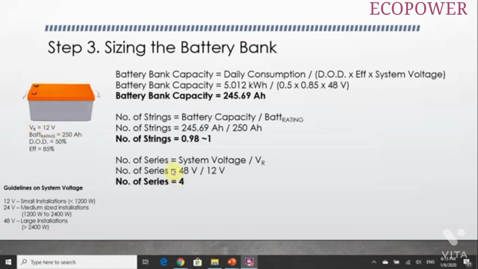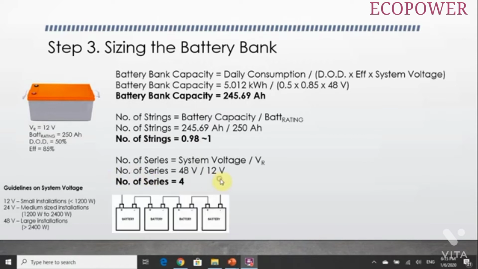Now we have the number of series for our battery will be 4. So this is how you configure your battery. This is one string right here, and the number of series connections is 4.